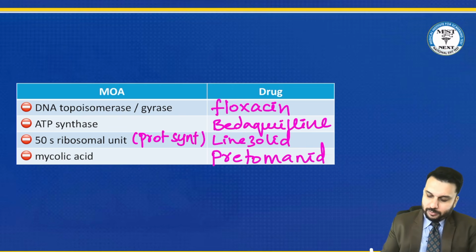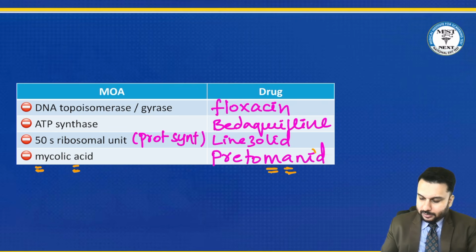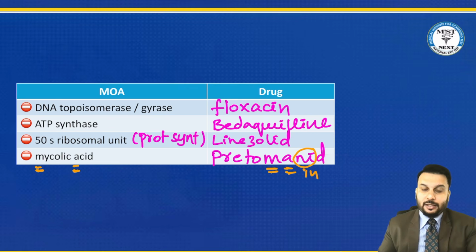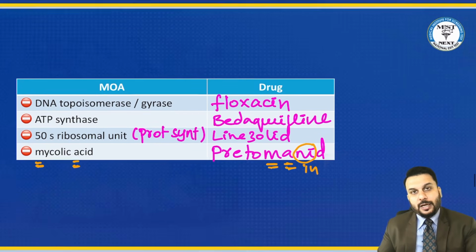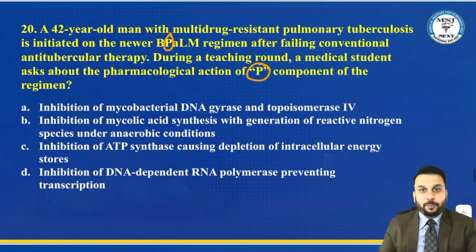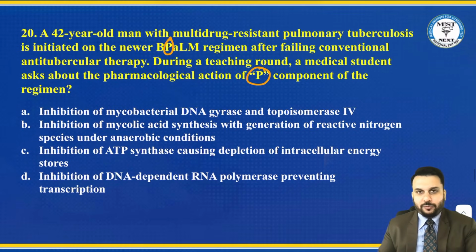You can try to remember it as MA, mycolic acid inhibitors. Delamanid and pretomanid are the mycolic acid inhibitors. Okay. So floxacin, bedaquiline, linezolid and pretomanid, these are the drugs. So they asked what is the drug P mechanism here. So P for pretomanid, it's a mycolic acid inhibitor.